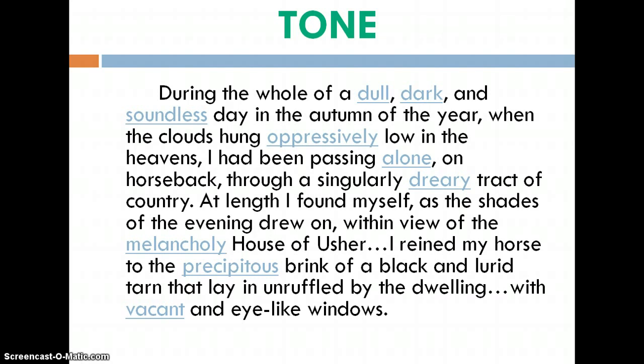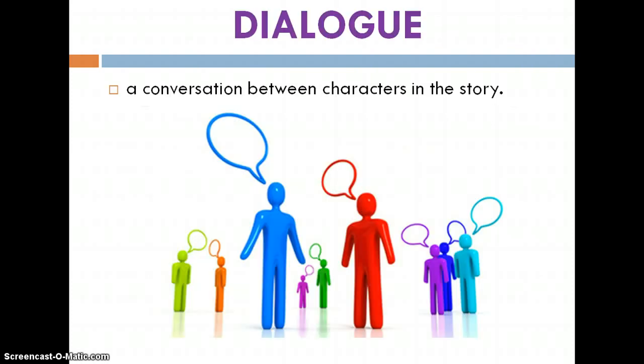So the tone this author is creating is very melancholy, almost sad in a still, quiet, serious kind of way. And it's the mood I might feel as the reader, but it's clearly also the author's tone. He's creating it very clearly with word choice in this case.